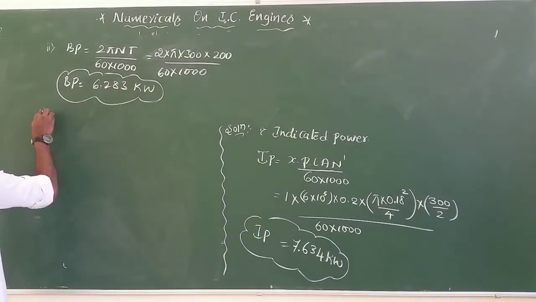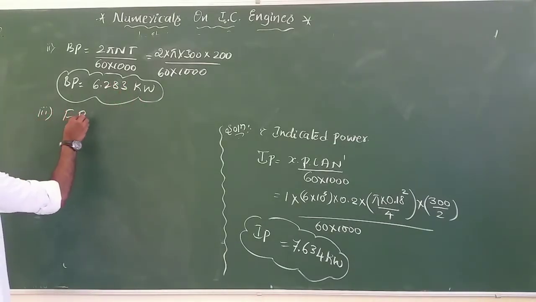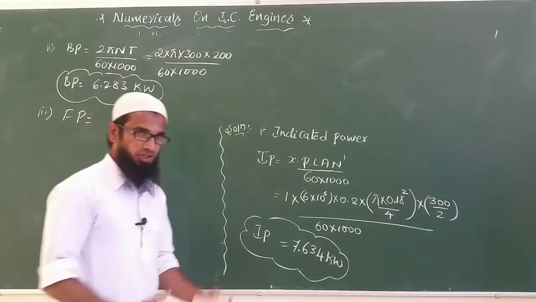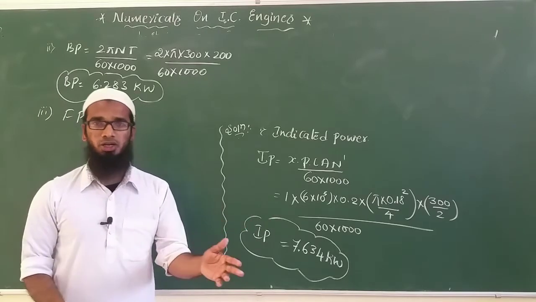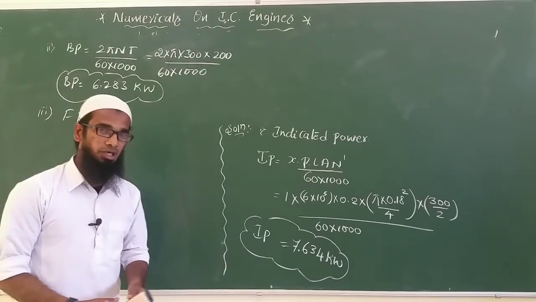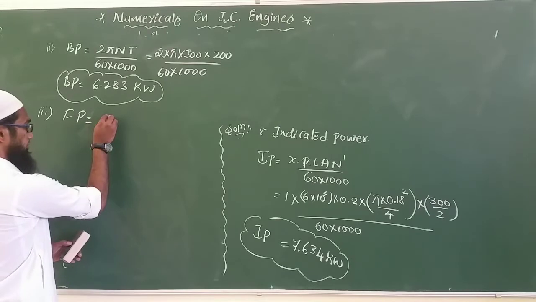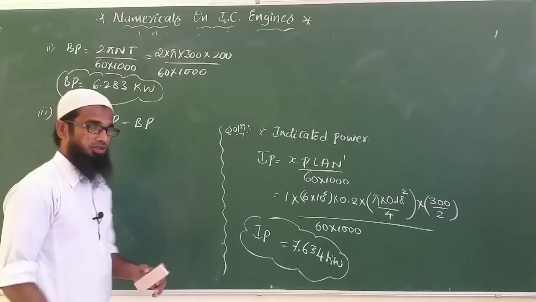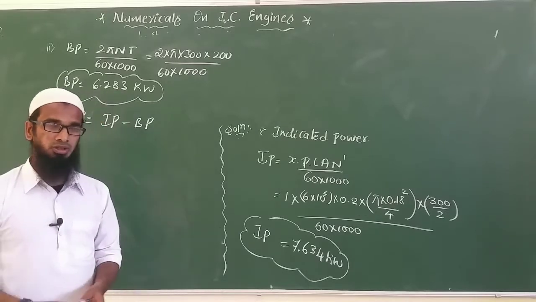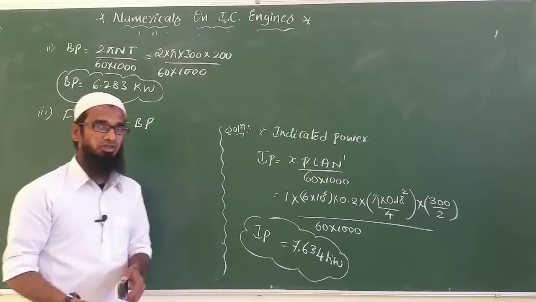Now the third one we have to find out is the frictional power. Frictional power is the difference between the indicated power and the brake power. So frictional power is equal to indicated power minus brake power. This frictional power is the losses due to the friction between the parts here.